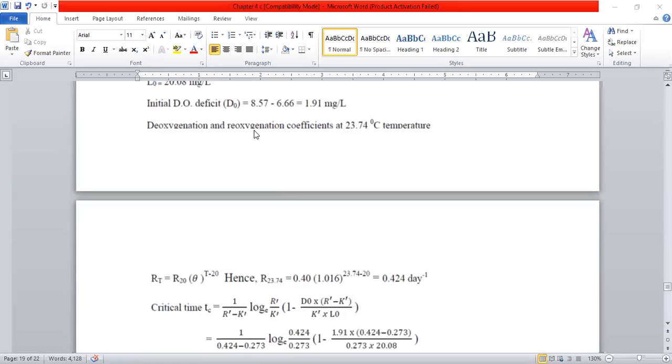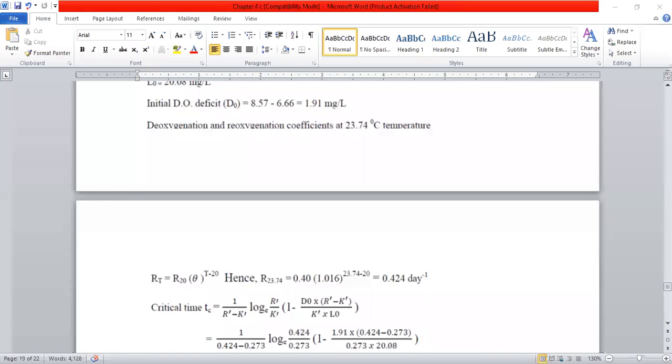First of all, write down deoxygenation and reoxygenation coefficients at 23.74 degrees Celsius temperature. And then you know the formula to determine the value of R and value of K at the specific temperature. Okay.